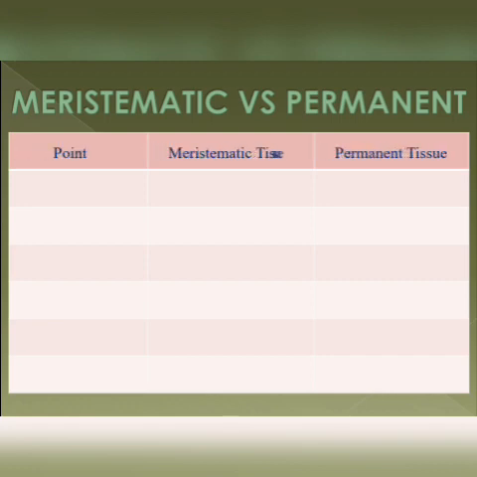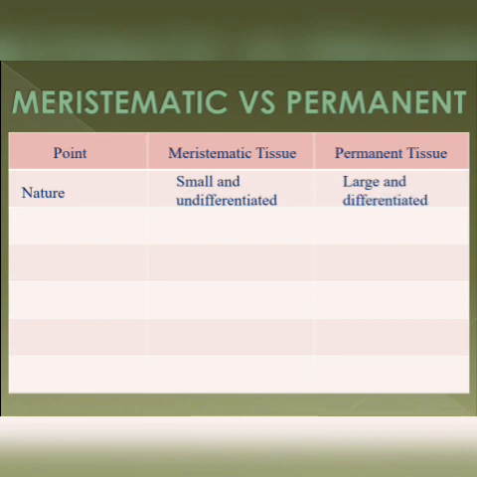The points under which we will discuss the differentiation are as follows. Number 1, nature. Meristematic tissues are seen to be small and undifferentiated, whereas permanent tissue cells are seen to be larger and differentiated.